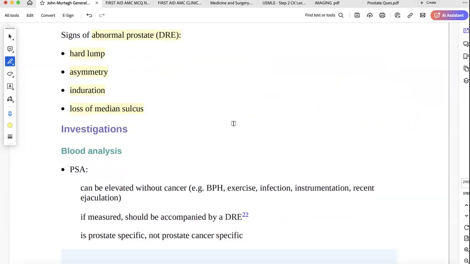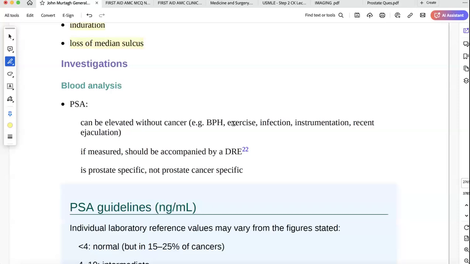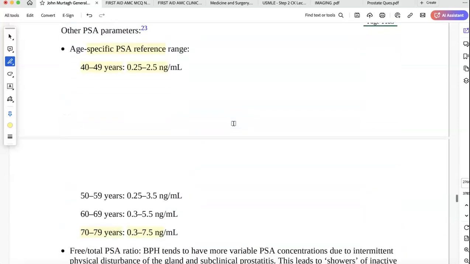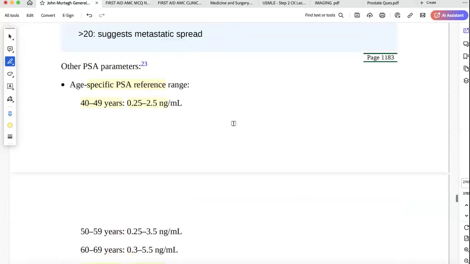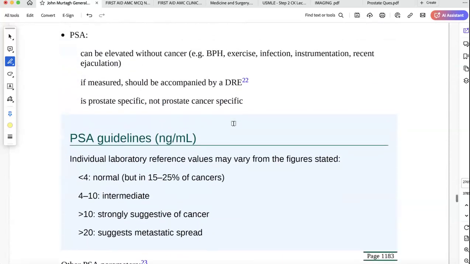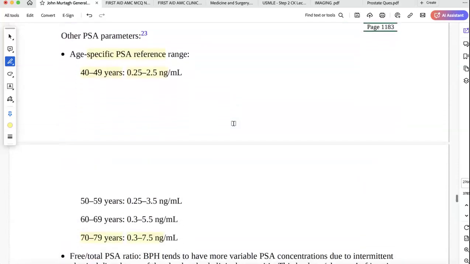After you have got that, the next step is to do an MRI of the prostate. Now, a lot of things are not written in here. I'm saying what we normally follow in Australia, because the John Murtagh and Australian guidelines are not very well written. So this is what we follow.